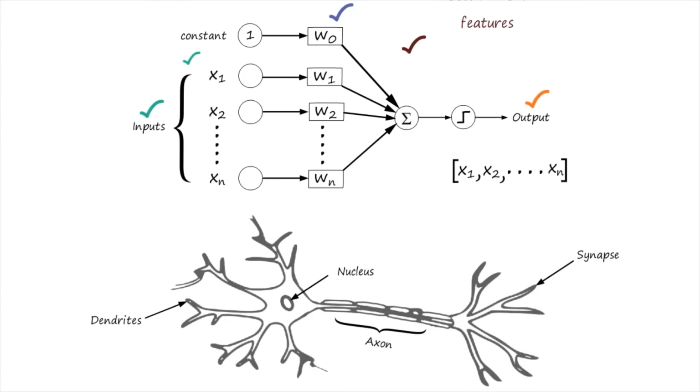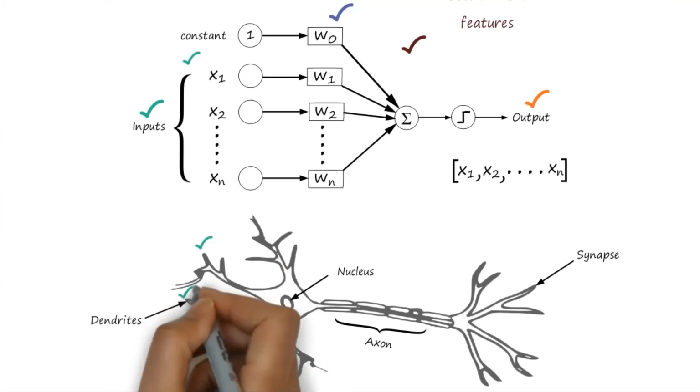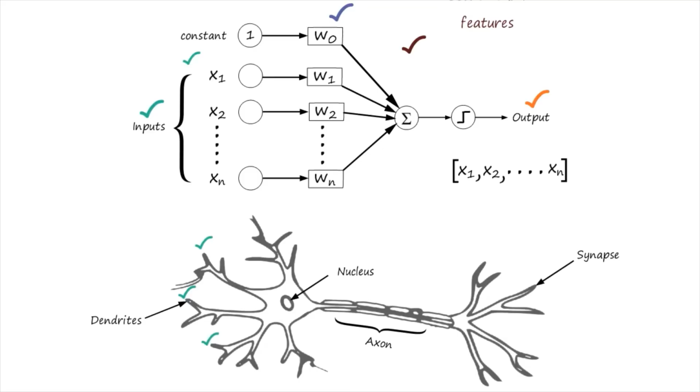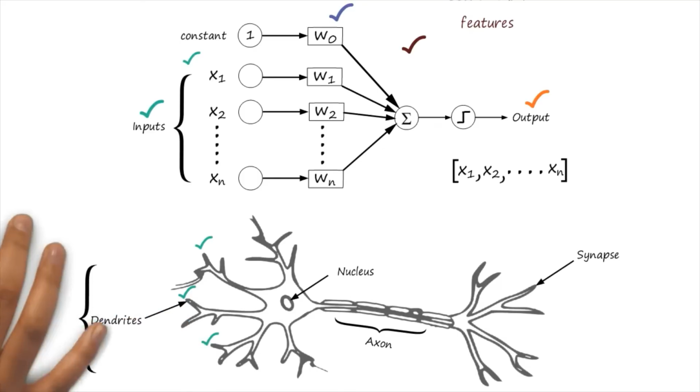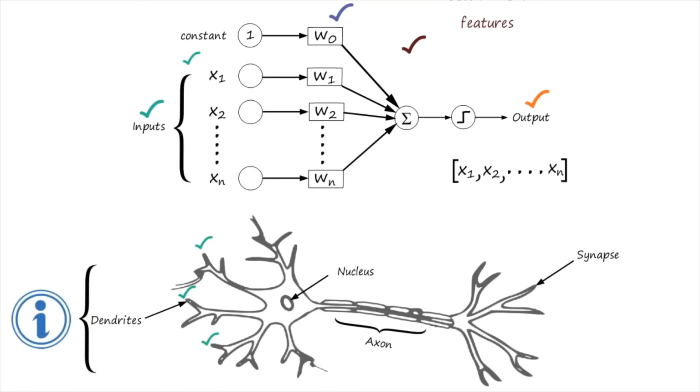Now, if you ask me, okay, fine, we have understood the input factors, but why are these weight factors associated with them? See, whenever we are talking about dendrites, what do the dendrites do? Whatever information is there in the outside environment, everything is collected through these dendrites.